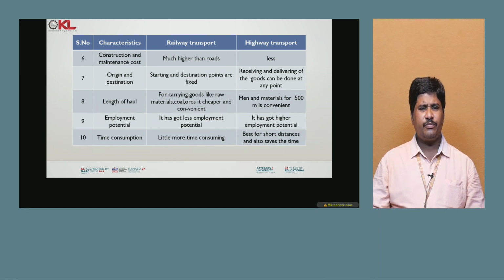And time consumption: railway is a little more time consuming, even for shorter distances. And highway transport is the best for shorter distances and saves time. When compared over longer distances, railway transport is the best choice as it consumes less travel time.